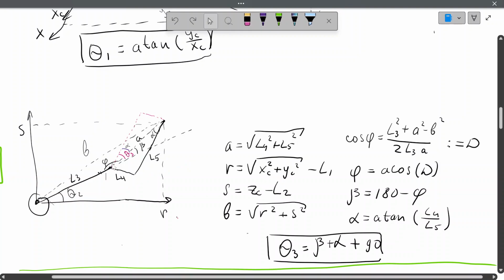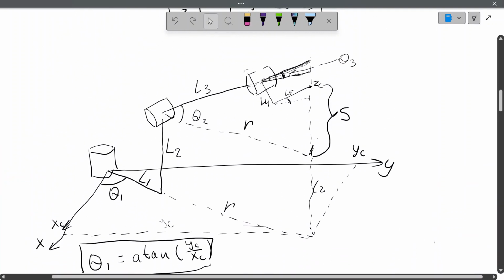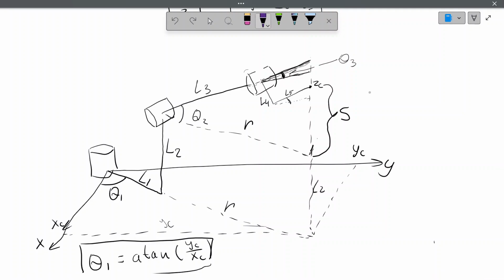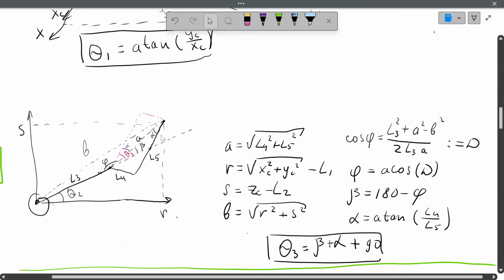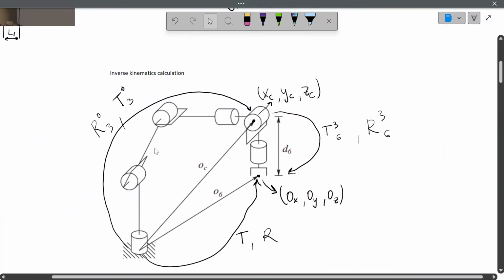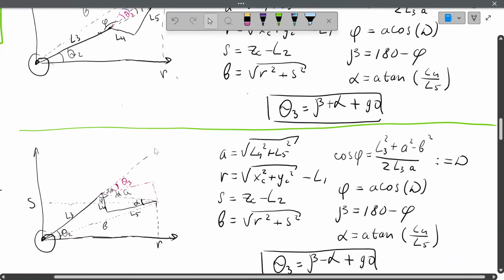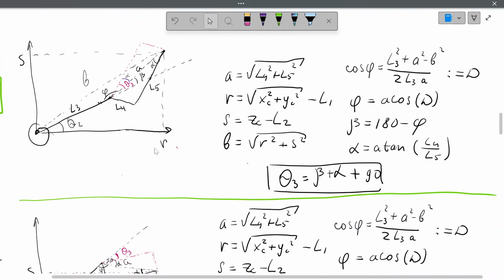So theta 3 angle is this angle. So also we can see here how we rotate it. So this is theta 3. So this is also theta 3. From here is how we rotate it. So theta 3 will be beta plus alpha plus 90 degrees.